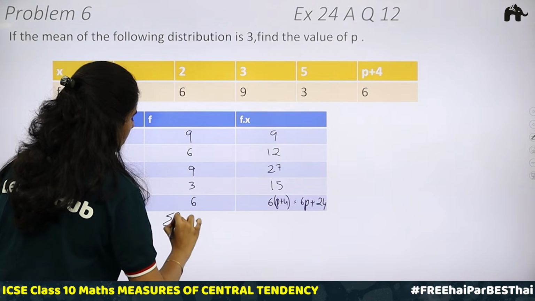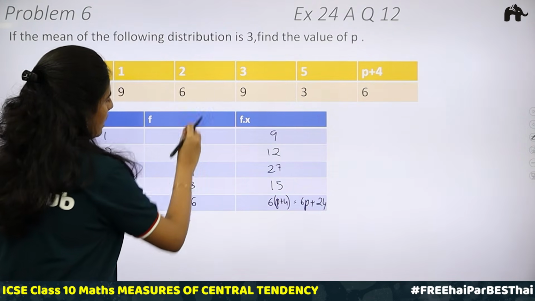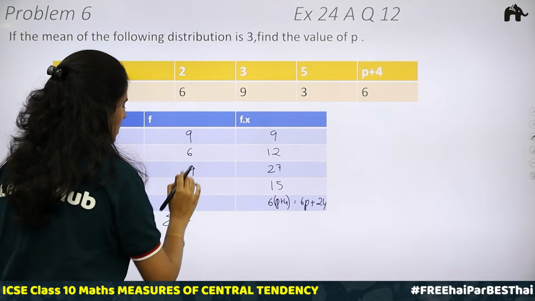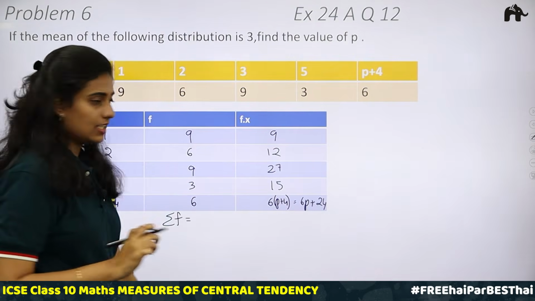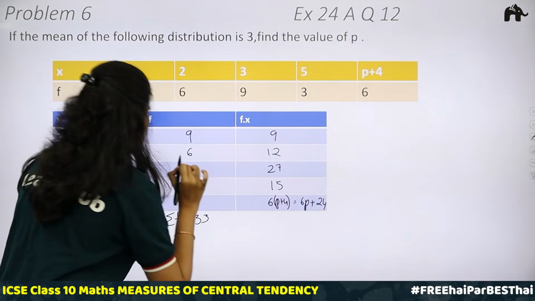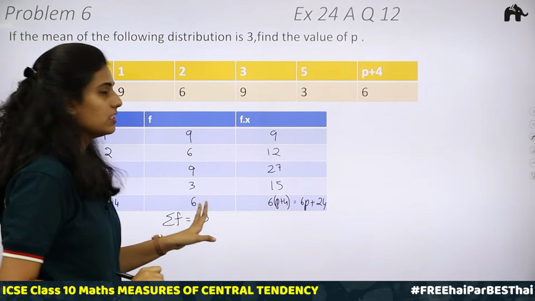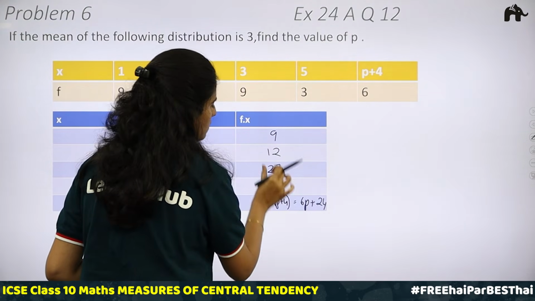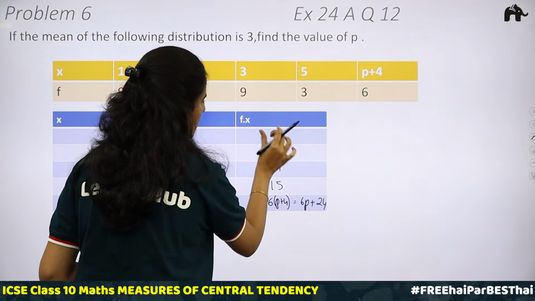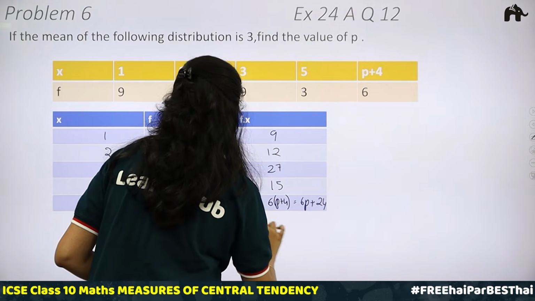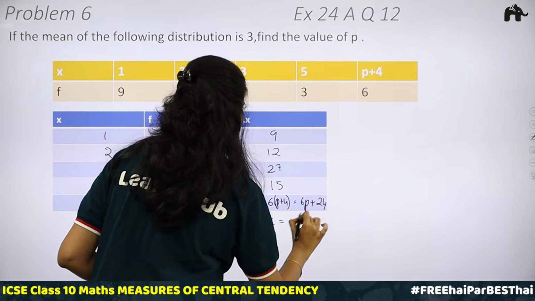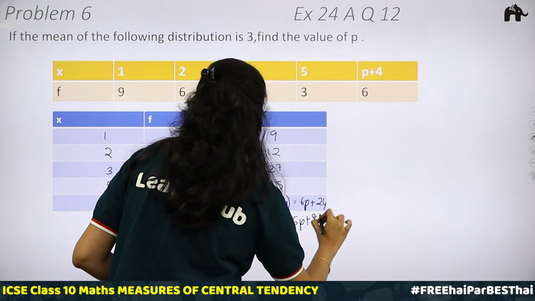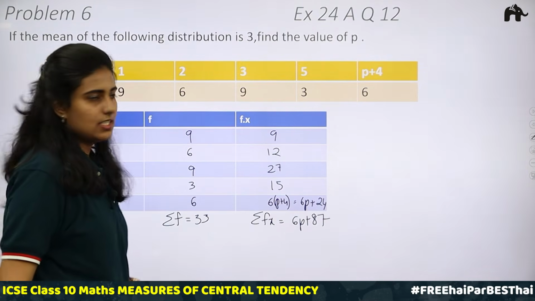Sum of frequencies is 9 plus 6 is 15, 15 plus 9 is 24, 24 plus 3 is 27, 27 plus 6 is 33. So summation of f is equal to 33. Summation of fx is 6P plus 24 plus 15 plus 27 plus 12 plus 9, which is 6P plus 87.